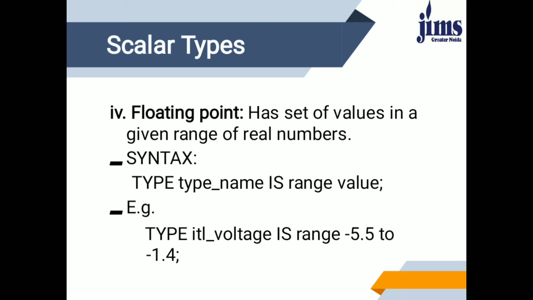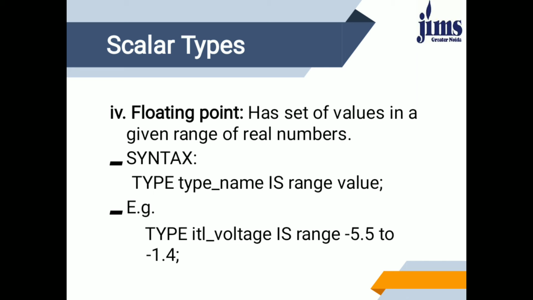In this, it defines both type and subtype of that type again. The default range of floating point, as you know that it's a floating point number, that means it has to be defined by a range, bounded by a range. This range varies from minus 1e^38 to plus 1e^38.